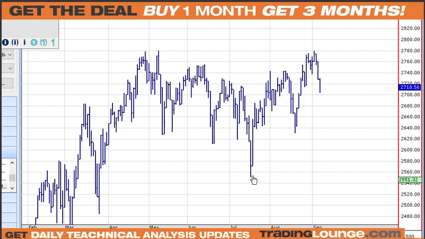Obviously this is the low here. We can count up here as 1 here, and then 2 here, and then 1 and 2 and 3 and 4 and 5 here for a 3rd wave, a 4th wave here, then 1 and 2 and 3 and 4 and 5 here. So we could look at this as wave 1 here and wave 2 here. If we look at that as 3 and 4 here, it's definitely got overlap here.